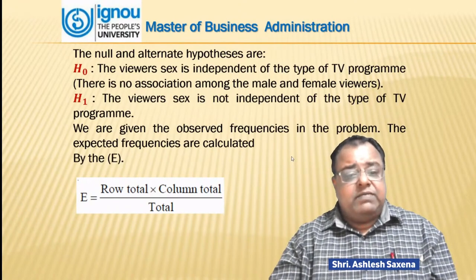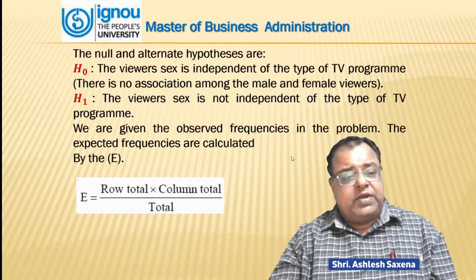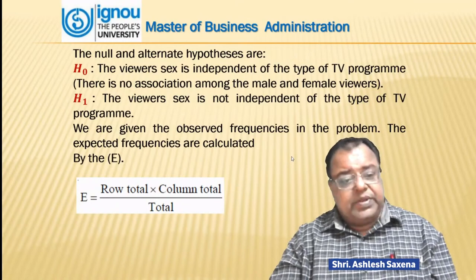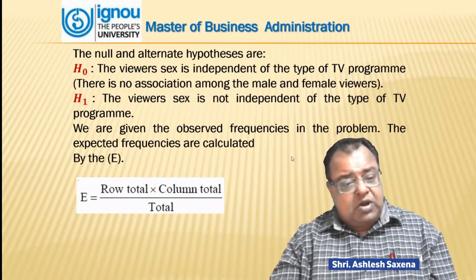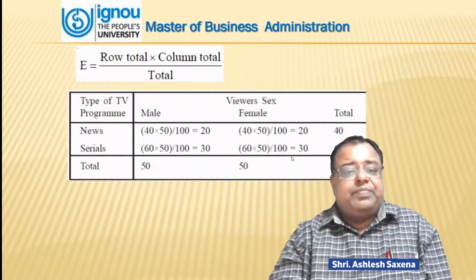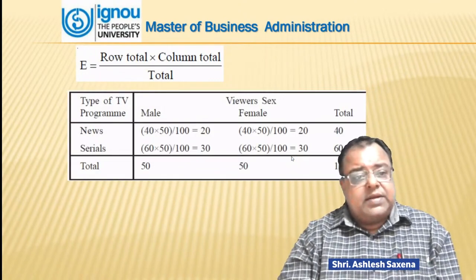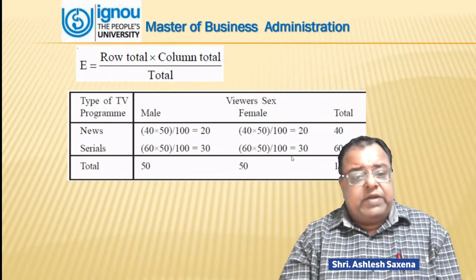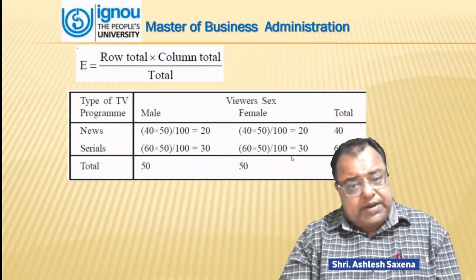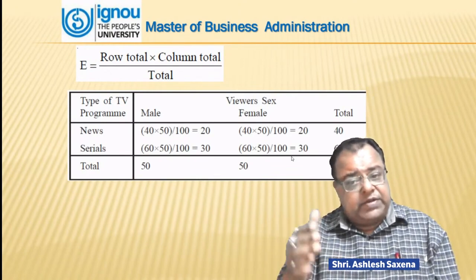In the problem, we are given the observed frequencies, and expected frequencies are calculated as row total into column total divided by the total. Now we will see how it is calculated. Here we see that for news, it is 40 into 50 divided by 100, which is equal to 20. And for female it is 40 into 50 divided by 100, which is 20.